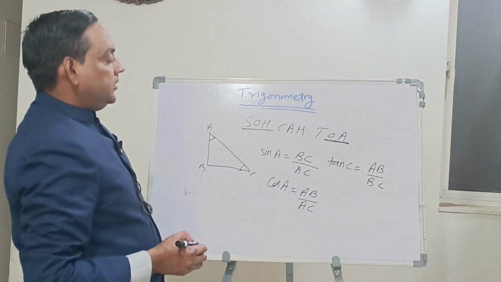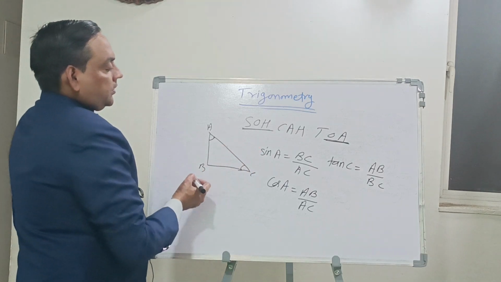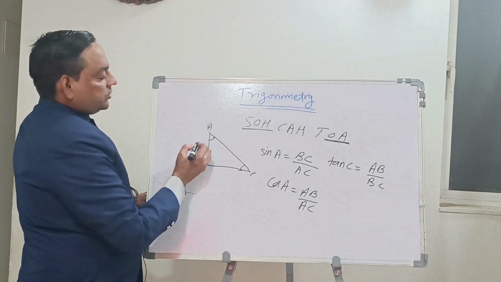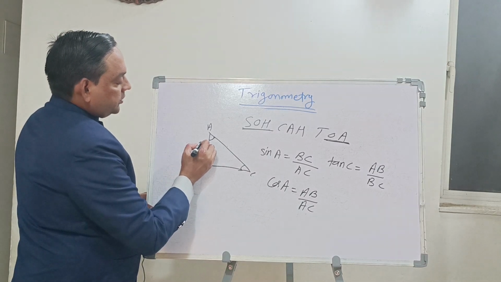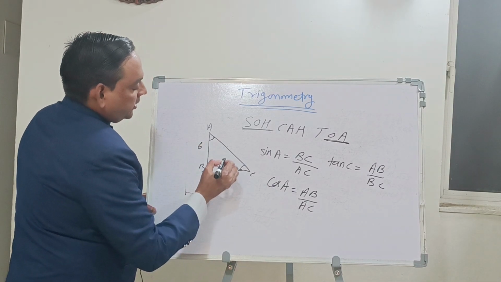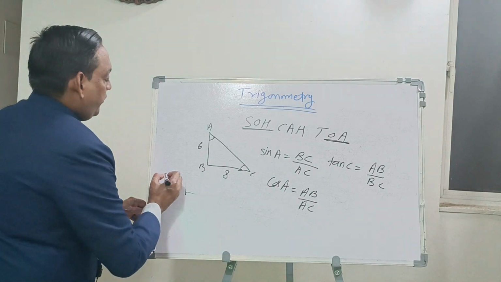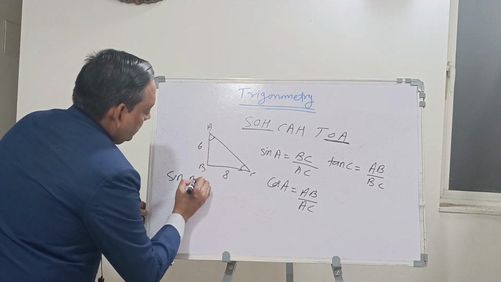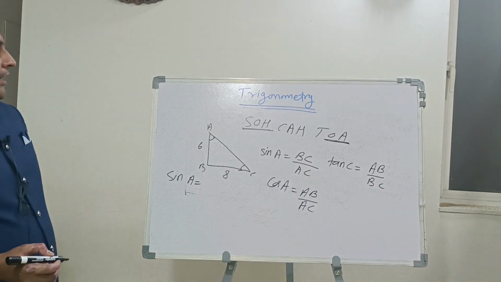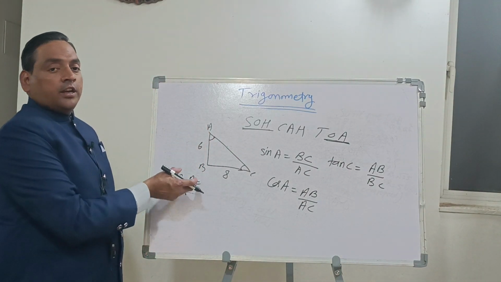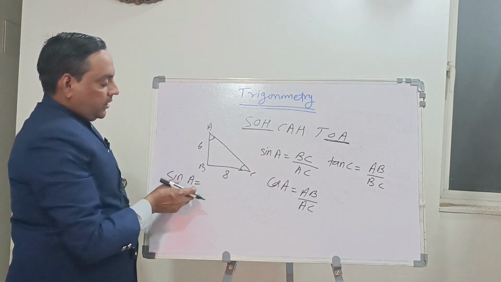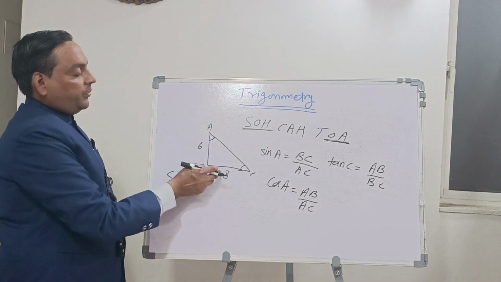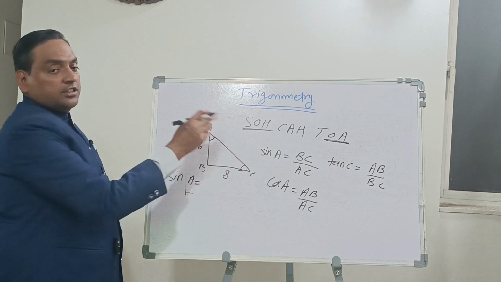Similarly, they can give the side lengths also. Suppose this is given as 6 centimeters and this as 8 centimeters, and they ask you to find sine A. Before finding sine A or any trigonometric ratio, first make sure all three sides are given.